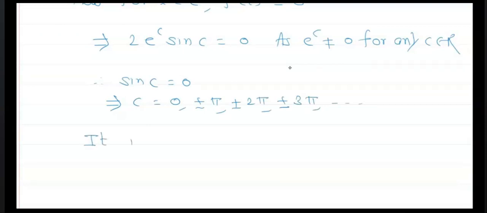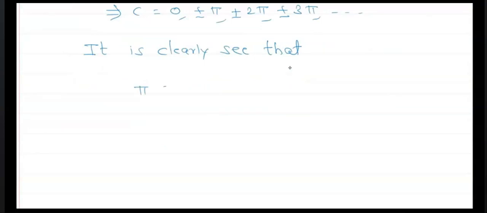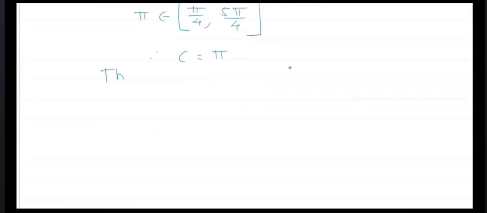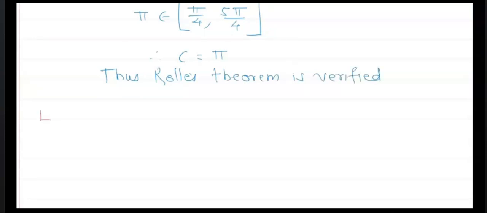It is 0, plus or minus pi, plus or minus 2 pi, plus or minus 3 pi. That is, pi belongs to pi by 4 and 5 pi by 4. Therefore, c is equal to pi. Thus, Rolle's theorem is verified.